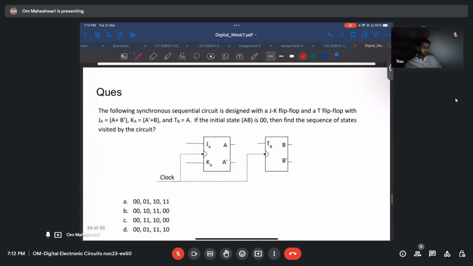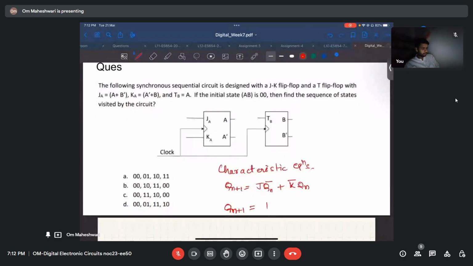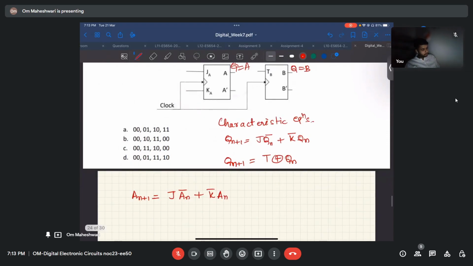So we know the characteristic equation of JK: Qn plus 1 equals J Qn bar plus K bar Qn, and for the T flip-flop, Qn plus 1 equals T XOR Qn. So here Q is A for the JK flip-flop, and here Q is B. So An plus 1 equals J An bar plus K bar An, and Bn plus 1 equals T XOR Bn.